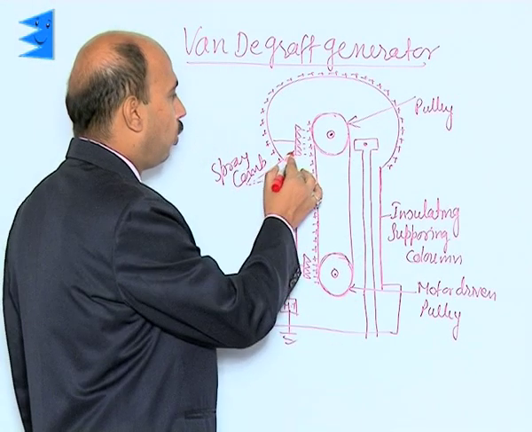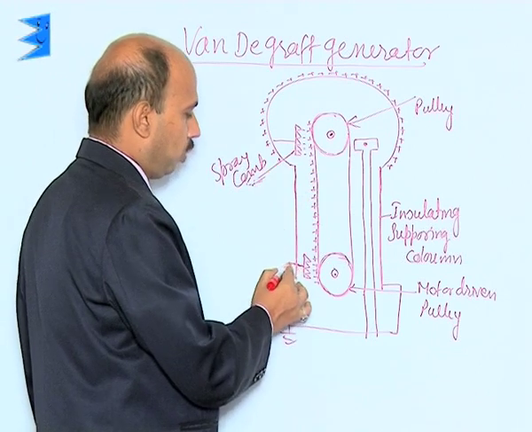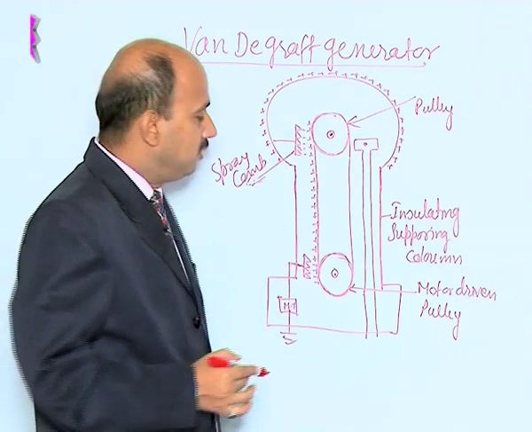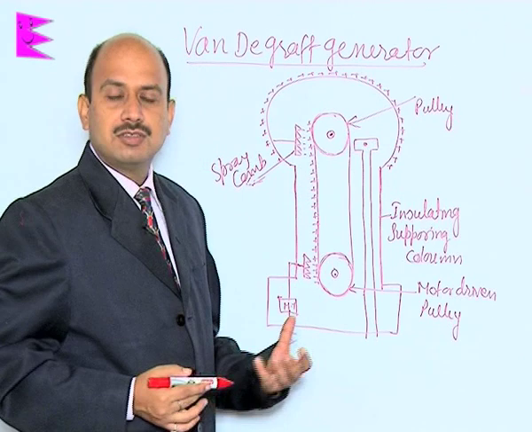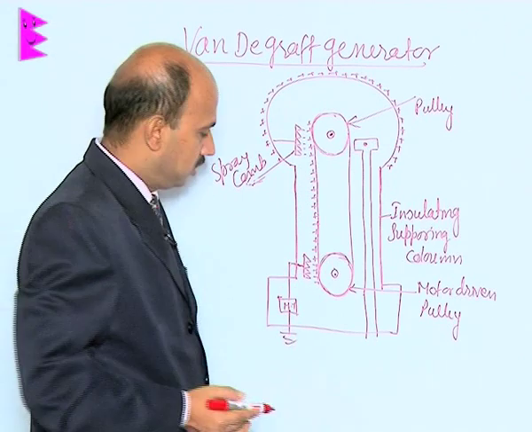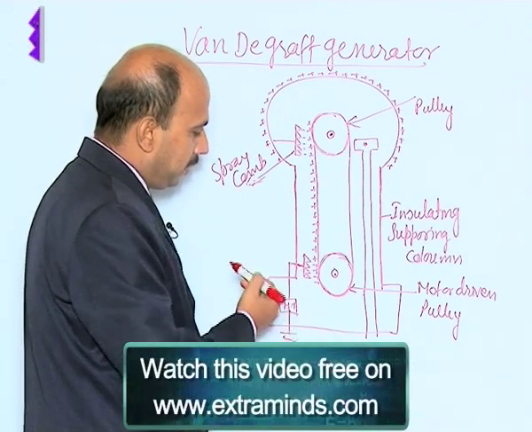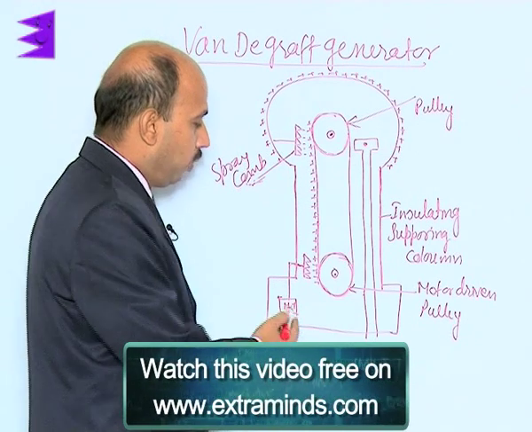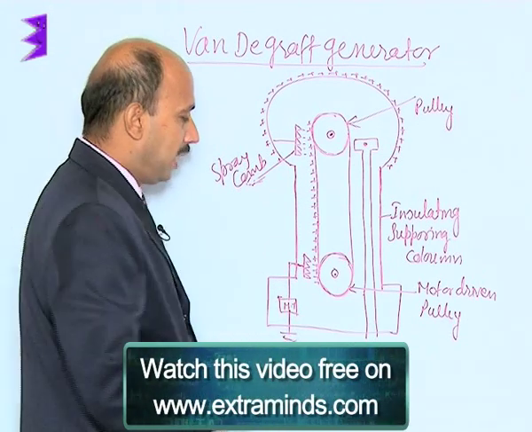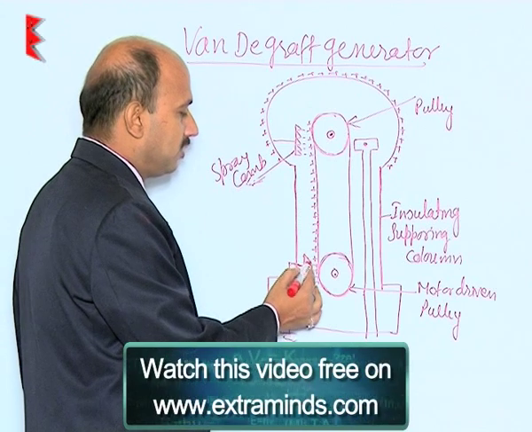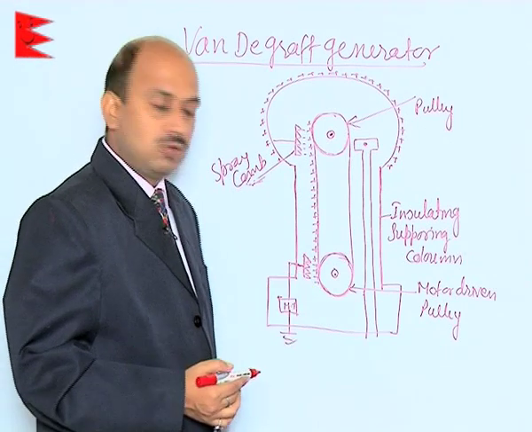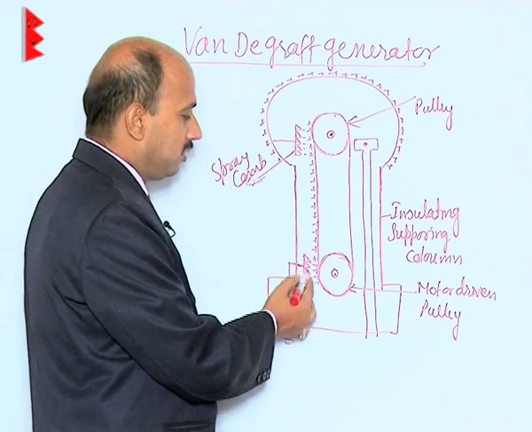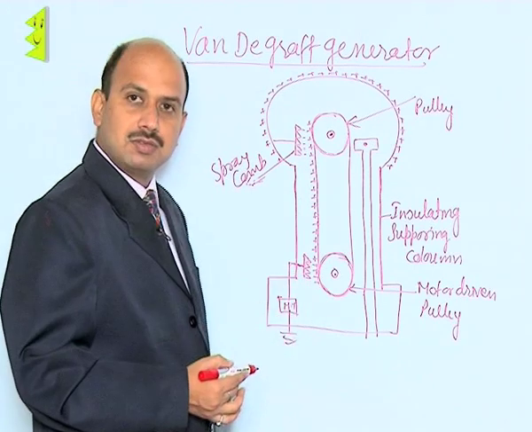There are two spray combs, one here and one here. These spray combs are used to spray charges, that is basically corona discharge. This spray comb is connected with the high tension, high voltage battery, and at this point corona discharge takes place. Due to the action of sharp points, positive charges are sprayed.